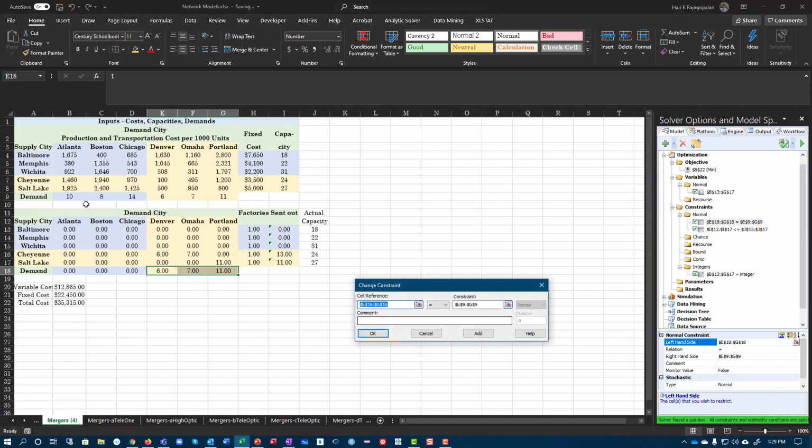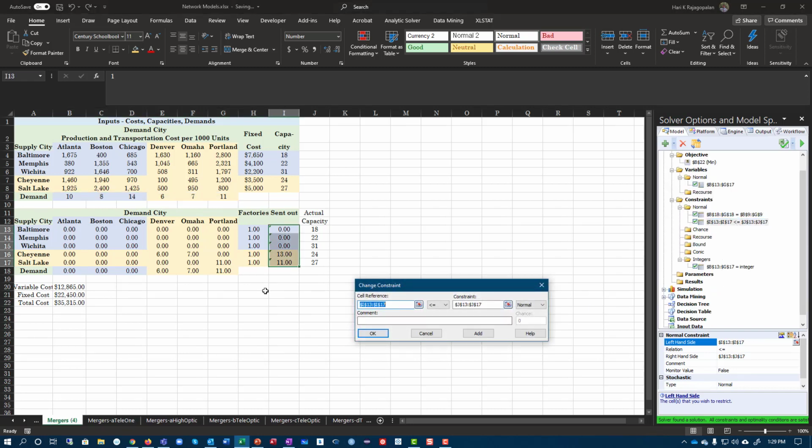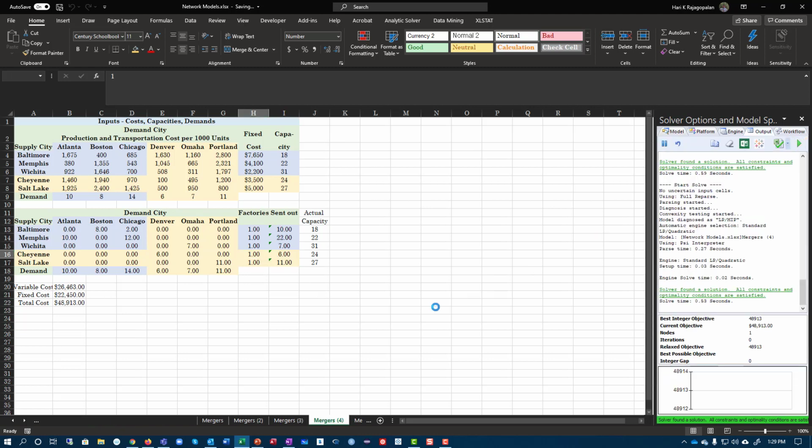For demand now, what is being sent to Atlanta, Boston, and Chicago can come from these 3 here. You don't have to make any changes here because you already have that less than actual capacity. And once we have this, we can now rerun the model.